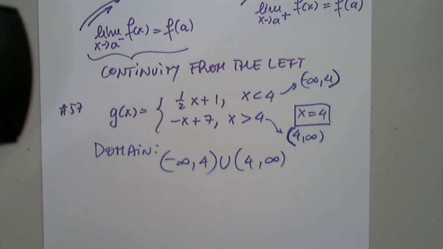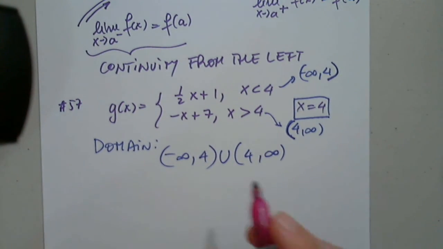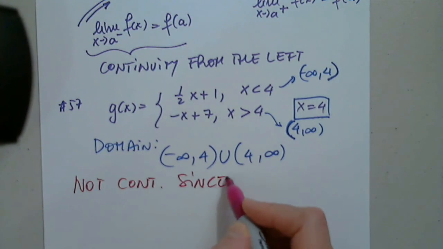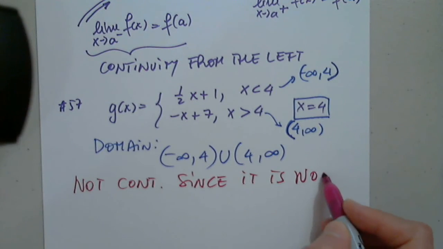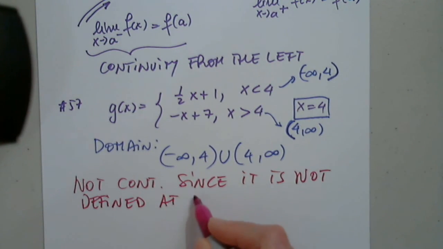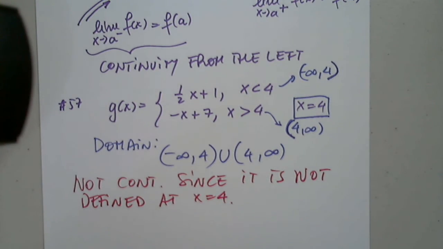Is this function continuous at x equals 4? No. Because it's not defined at x equals 4. Not continuous since it is not defined at x equals 4. See, the concept of the limit is not the same with the concept of a function being defined.